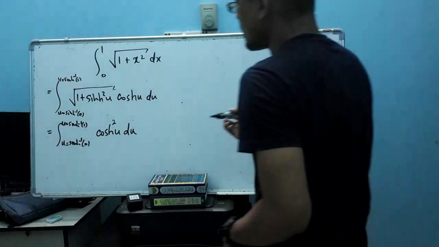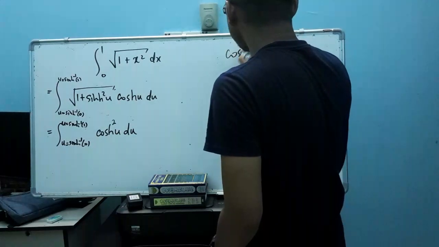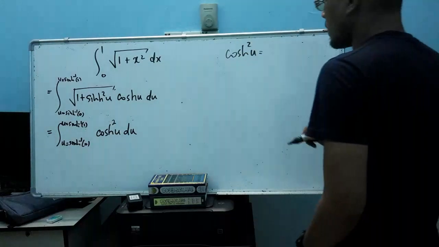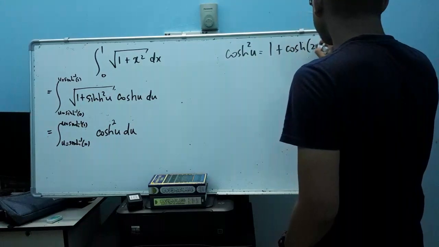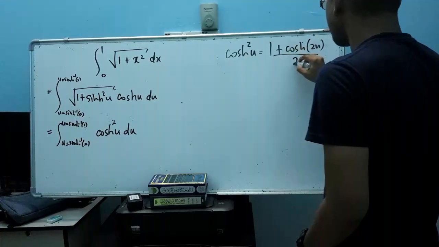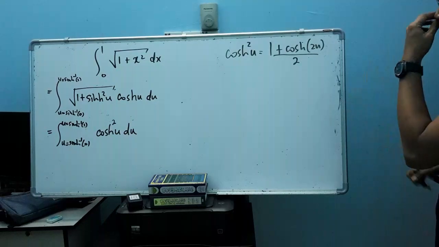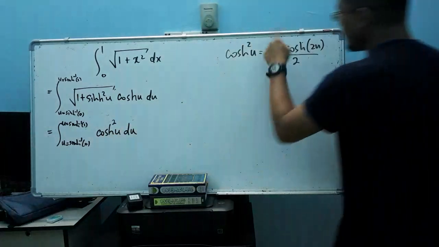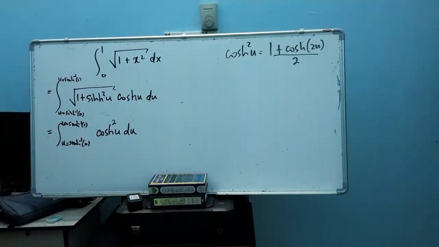If I'm not mistaken, you can check by yourself, this is equal to 1 plus cosh 2u over 2. You can just check this, and then substitute this into this one, and in the end you get the answer for this integral.